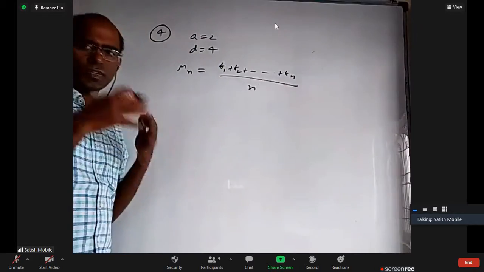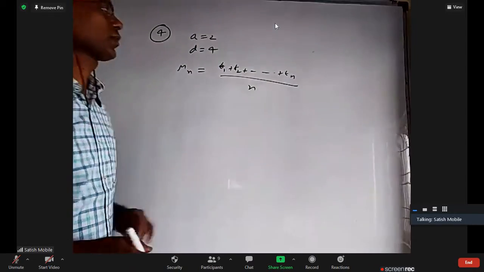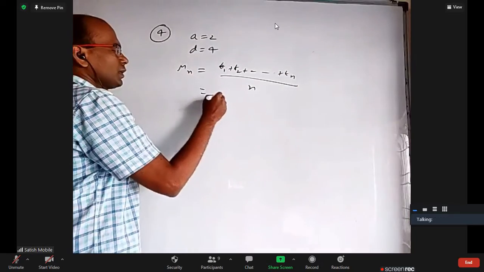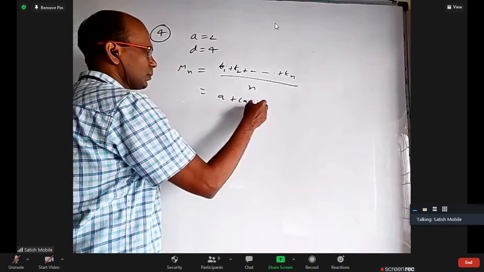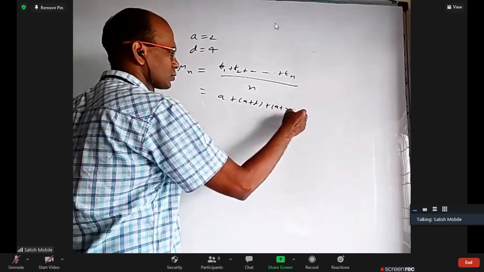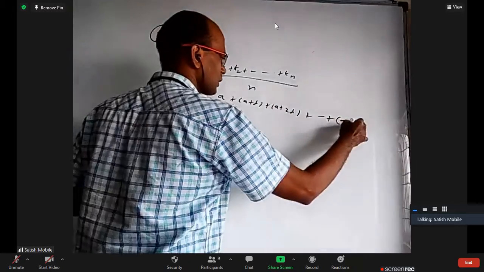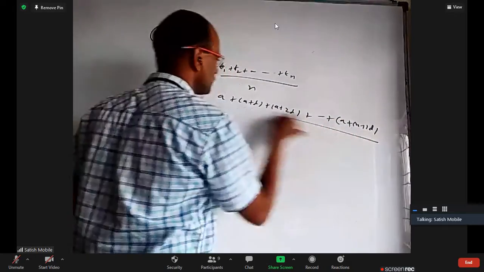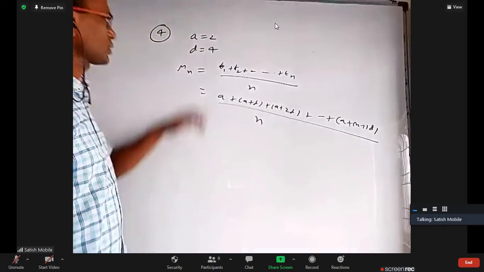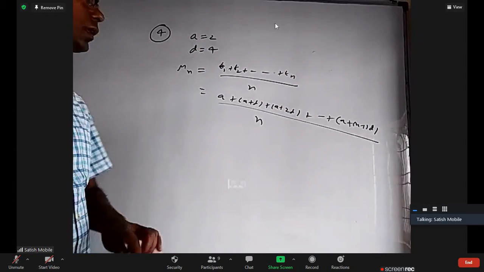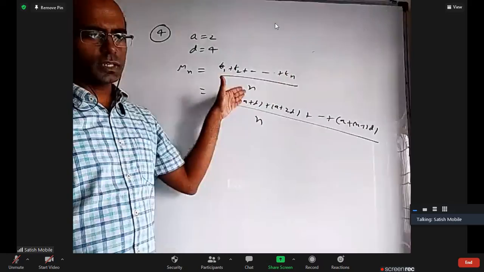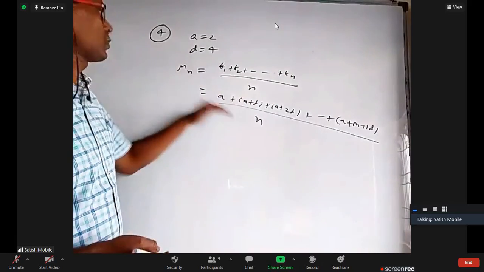That is a plus (a plus d) plus (a plus 2d) so on up to a plus (n minus 1) into d, by n. It's an arithmetic progression with first term 2, common difference 4. You take the first n terms, take their arithmetic mean, the average. That is called Mn.